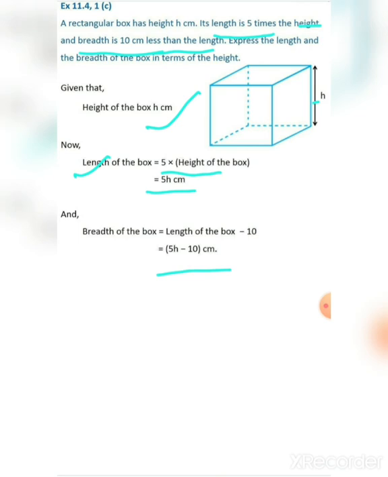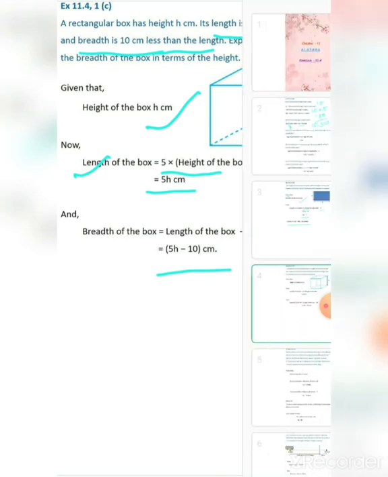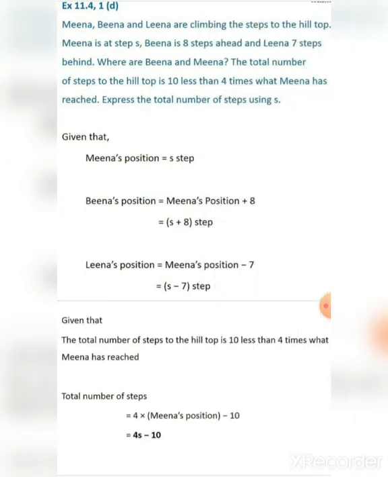Now next, it's a very interesting question. 3 girls are there. Meena, Beena and Leena are climbing the steps to the hilltop. They have gone for the trekking and they are climbing the steps to the hilltop.